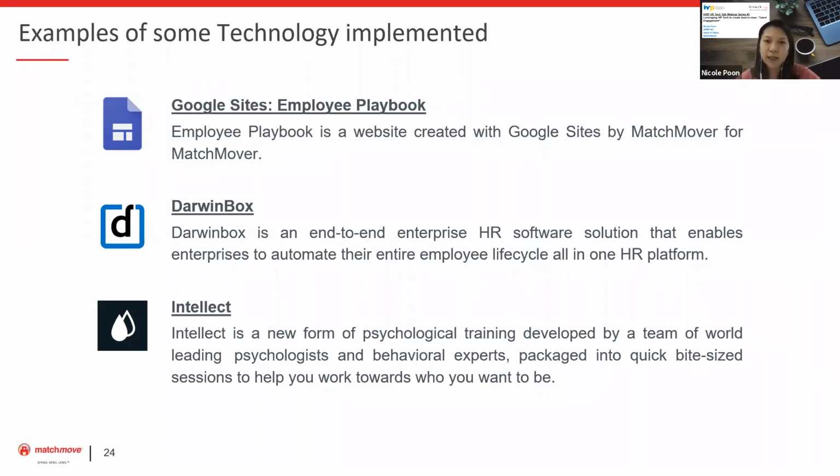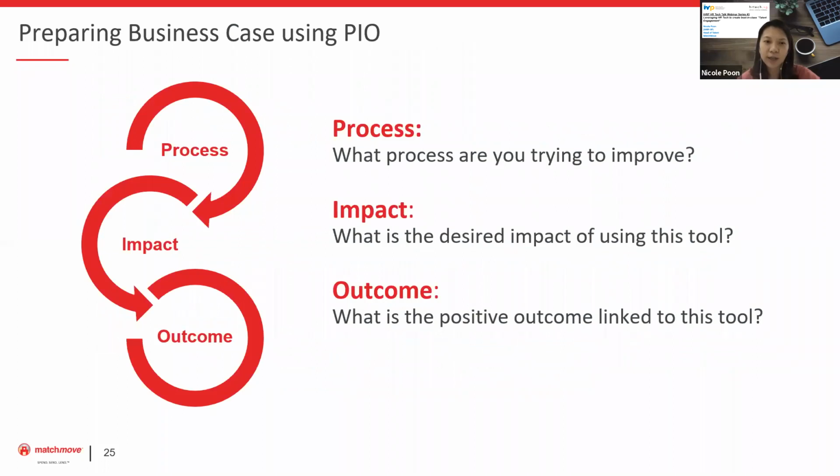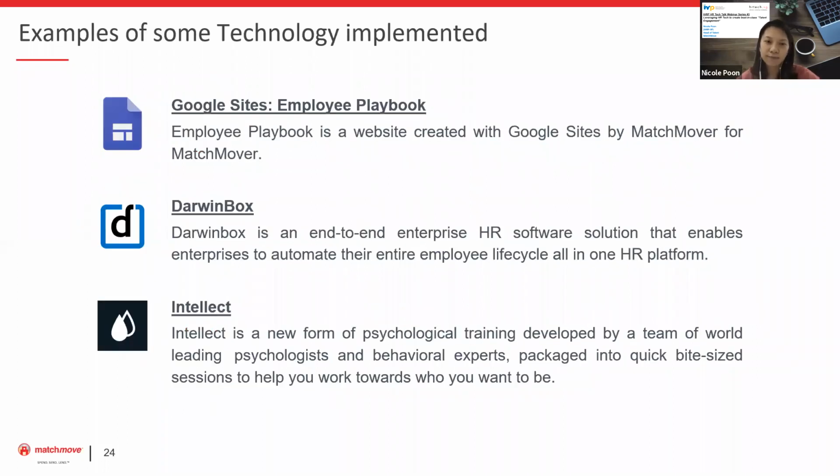So here are some of the technologies that we have implemented. The first one would be Google Sites. It's what we call the employee playbook. It's a central repository for all our HR information, a comprehensive collaborative tool for employee orientation, and an ongoing training and retraining platform.